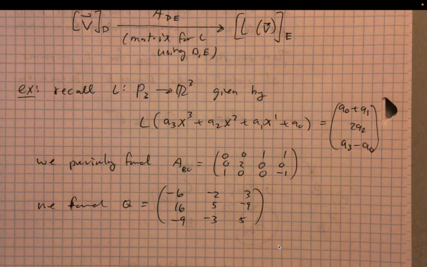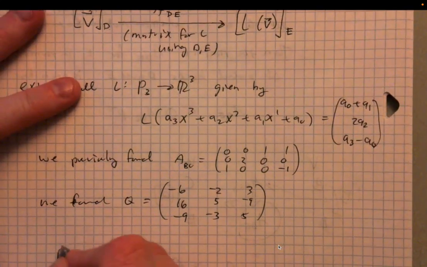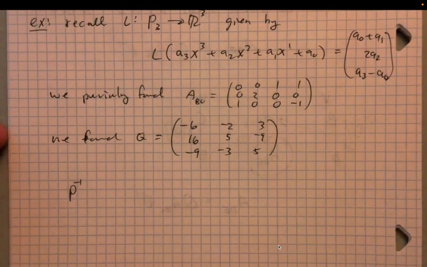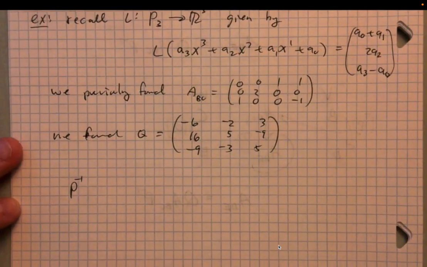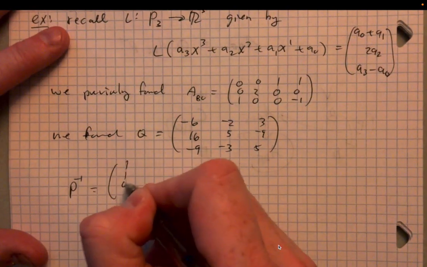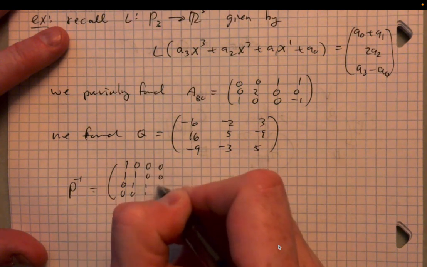Now, P inverse, I'll just tell you what it is. P inverse is the inverse of the transition matrix P that goes from B to D. But you may have to spend a little time figuring out what P is first and then P inverse. P inverse, it turns out, is 1, 1, 0, 0, 0, 1, 1, 0, 0, 0, 1, 1, 0, 0, 0, 1.